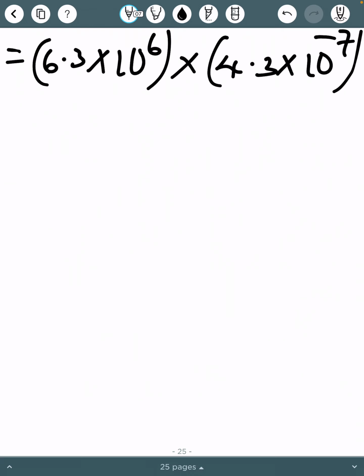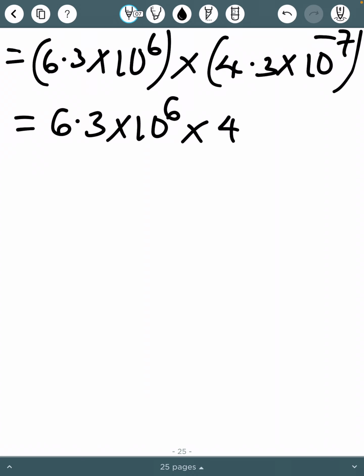So this is pretty simple. All I need to do is throw the brackets away. 6.3 times 10 raised to power 6 times 4.3 times 10 raised to power minus 7.